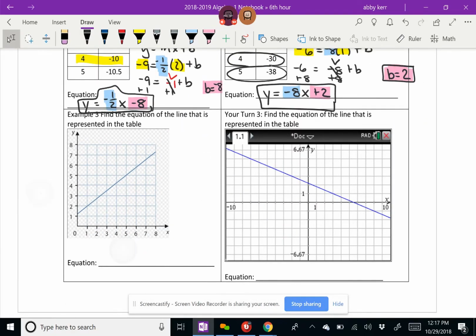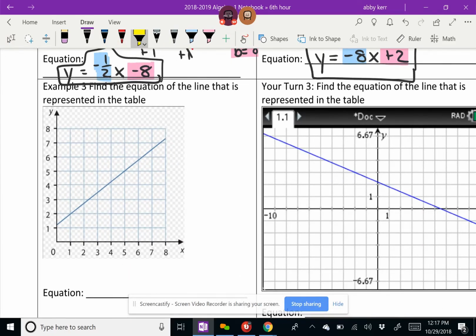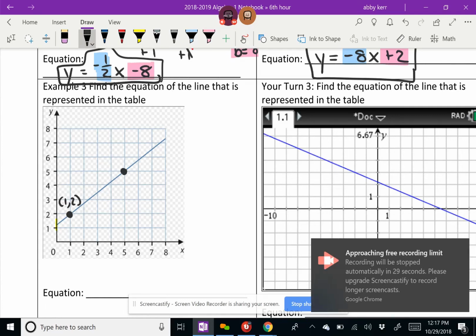Example 3, you're going to do the exact same thing. We're not sure where the y-intercept is because it's above 1, so we don't know exactly what number that is. So this ordered pair is 1, 2.